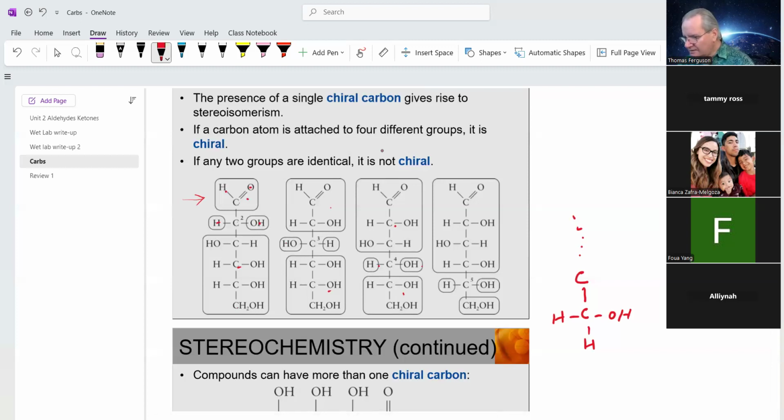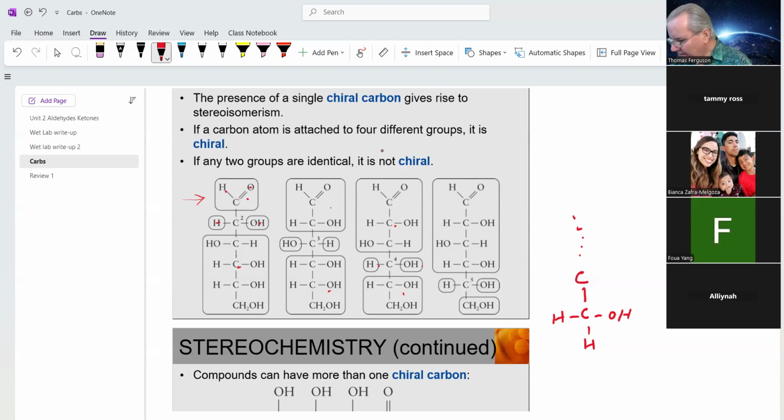Now let's look at this guy here. Okay, so carbon number 1 at the top here only has 3 groups attached, so it cannot be chiral. It has to have 4. Carbon number 2 has 4 groups that are different, so carbon number 2 is chiral. Same with number 3, same with number 4, same with number 5.